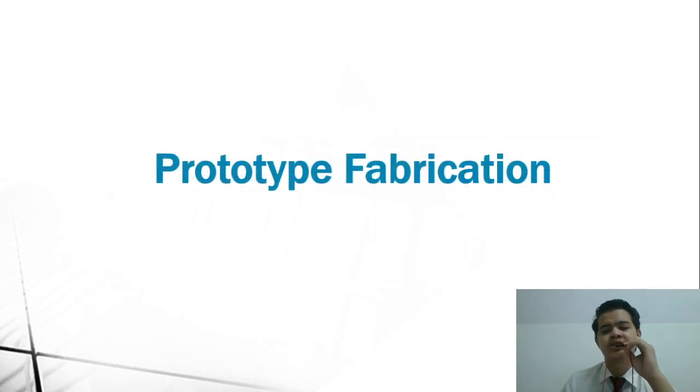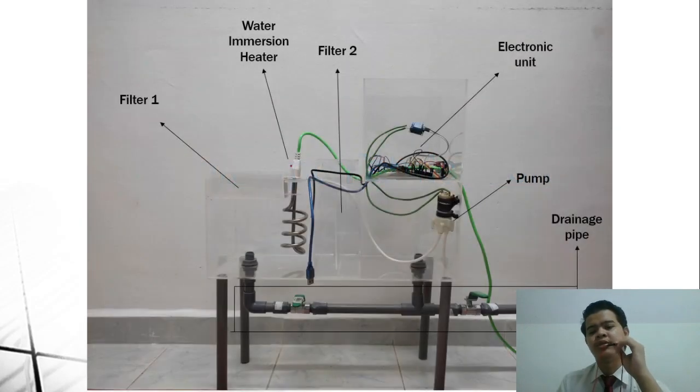Okay, this is the prototype fabrication. For the sake of this prototype, the medium of the hot cooking oil was replaced by water, because the prototype's main purpose is to display how the project works.